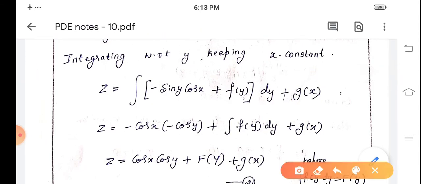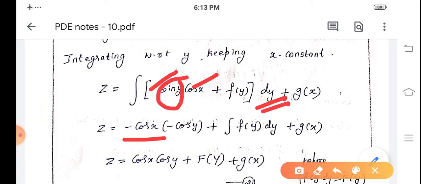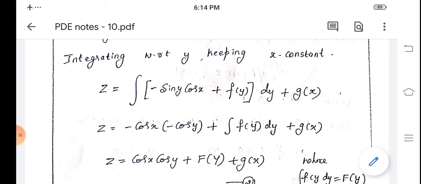Now we obtain z = integration of -sin y cos x with respect to y. With respect to y, the x term is constant. So we take -cos x constant, -cos x into integration of sin y with respect to y. That will be -cos y.